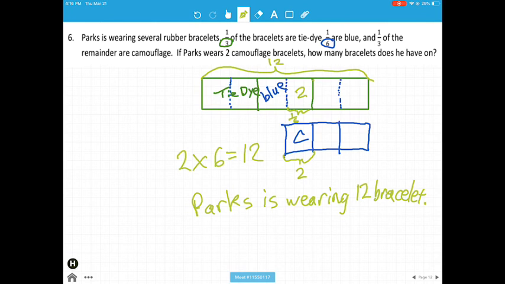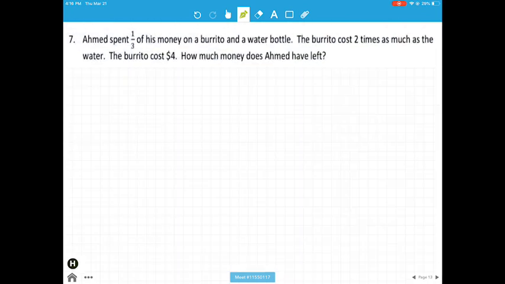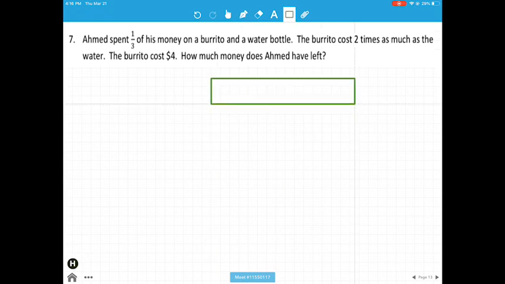All right. Let me see what else I have. Ahmed spent 1/3 of his money on a burrito and water bottle. The burrito costs 2 times as much as the water. The burrito costs $4. Whew, a lot of information here. All right, so let's start off with what we know. Always start off with what you know.